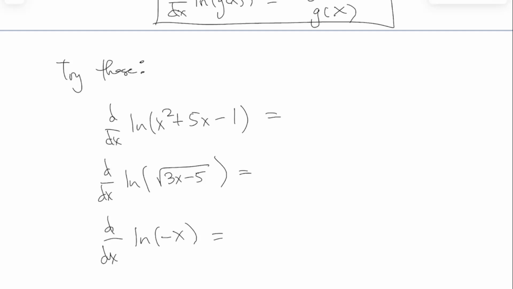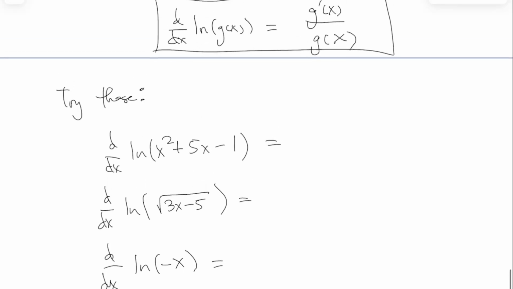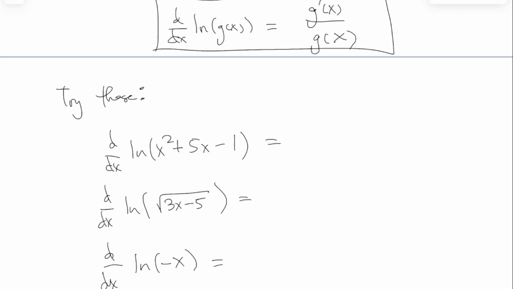Maybe I'll give you a few minutes to try these out. I'll walk around and see how you fare. In each case, you can use something like the formula at the top there, or just remember the 1 over x thing with the chain rule.